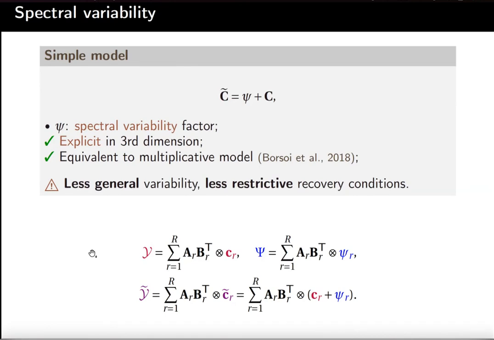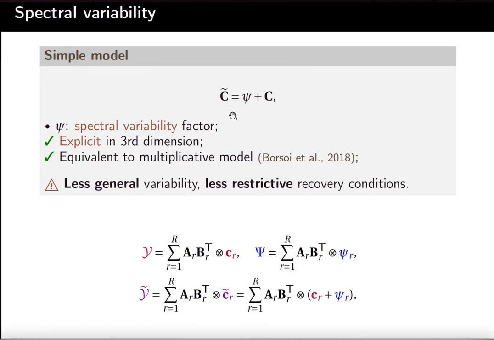In this work, I made an assumption on the kind of variability that is available in our model. And this assumption says that the variability is only contained in the spectral domain. This is a rather strong assumption, but it always holds even with a small acquisition time difference between the observations.